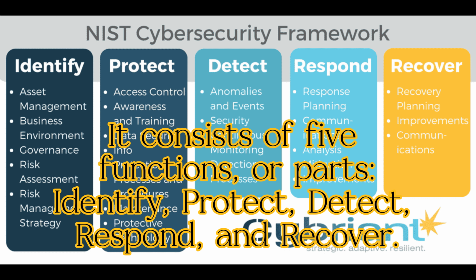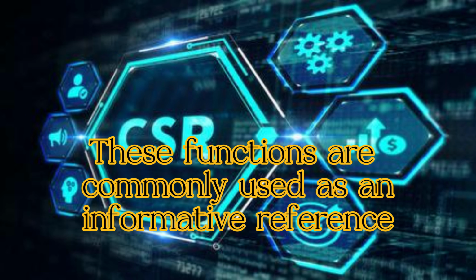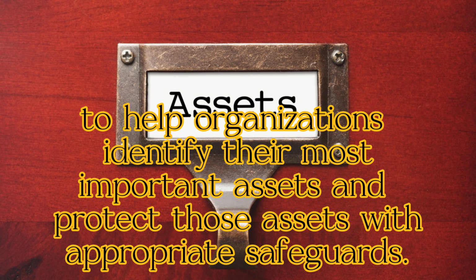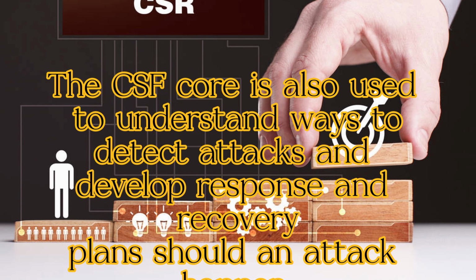It consists of 5 functions or parts: identify, protect, detect, respond, and recover. These functions are commonly used as an informative reference to help organizations identify their most important assets and protect those assets with appropriate safeguards. The CSF core is also used to understand ways to detect attacks and develop response and recovery plans should an attack happen.